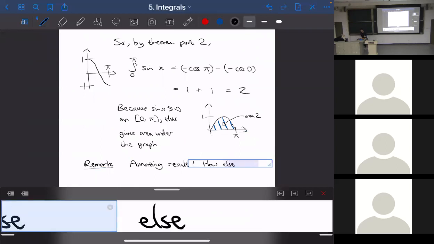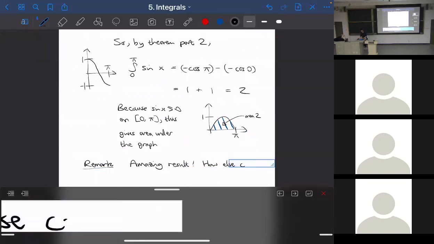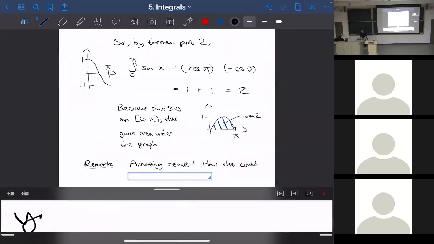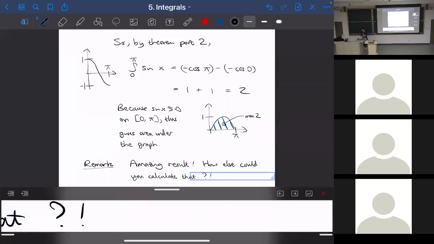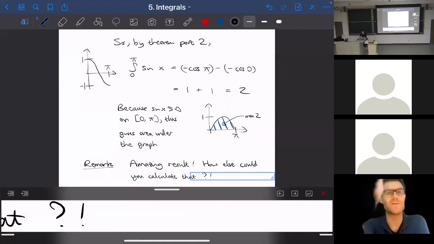So how else could you possibly calculate this? And it really shows the power of these derivatives and antiderivatives and integrals that we've been studying.